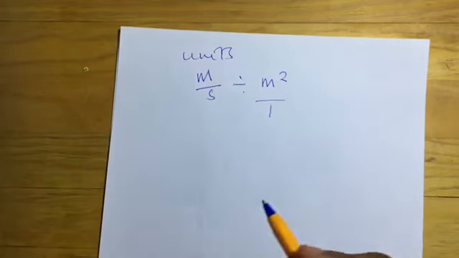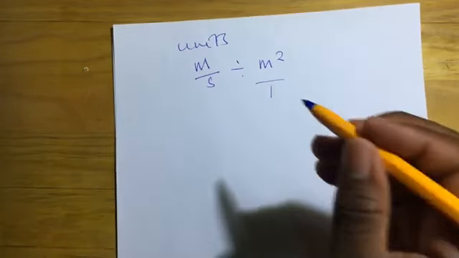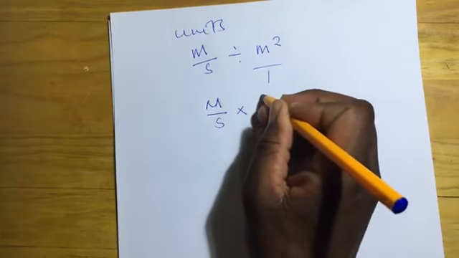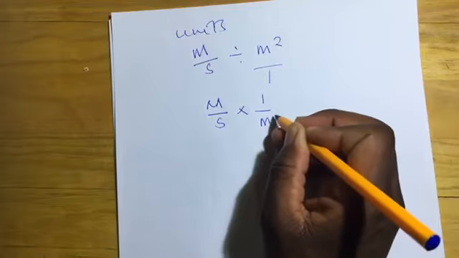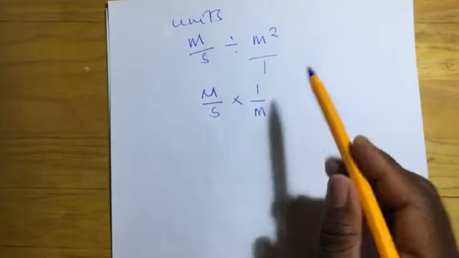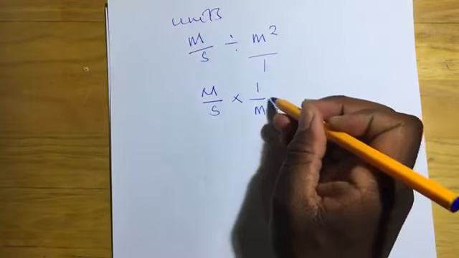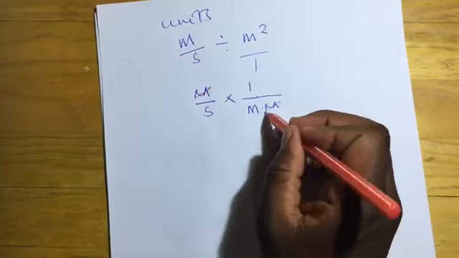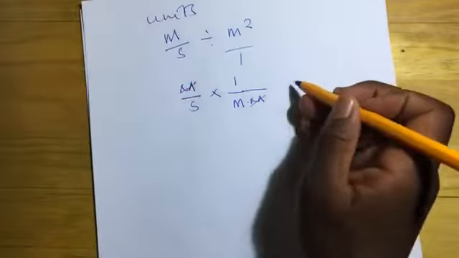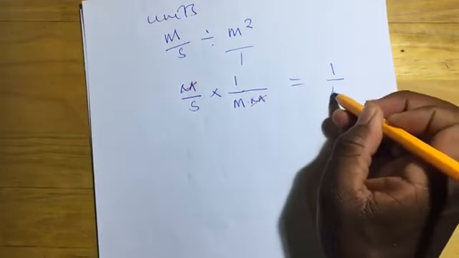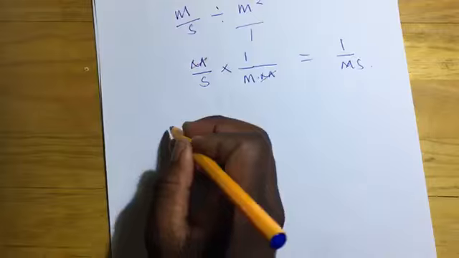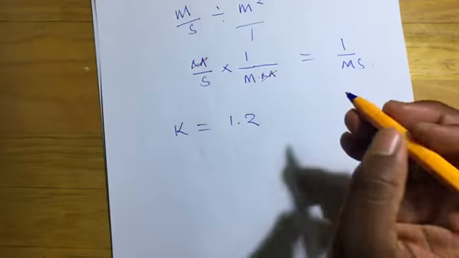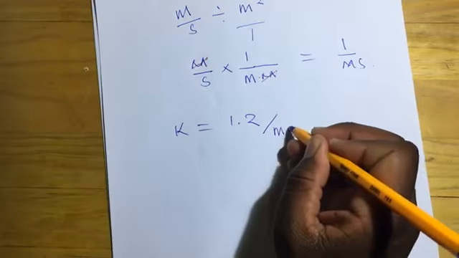And then you don't divide fractions, you instead multiply by the reciprocal. This is going to be molar per second times 1 over molar squared. Now, instead of writing molar squared, I'm going to write molar times molar so that you can see any cancellations. So the molar cancels out, the molar cancels out. So my overall unit is going to be 1 over molar second. So K is going to be 1.2 per molar second.